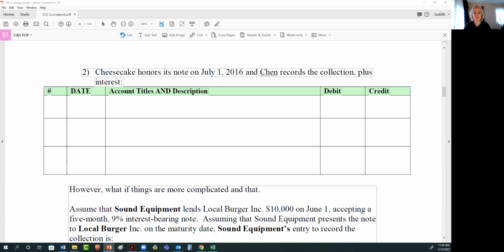You guys already told me, how much are they going to get? $1,020. Okay. And how do we record that? What account does Chen record for that when they get that collection?